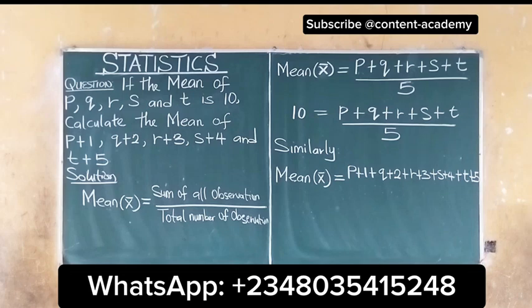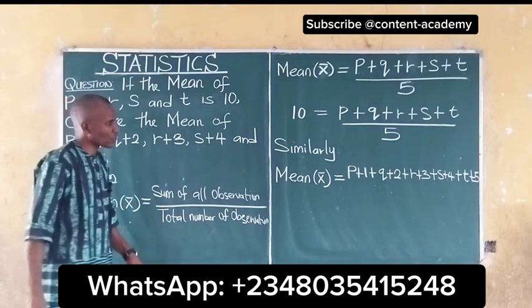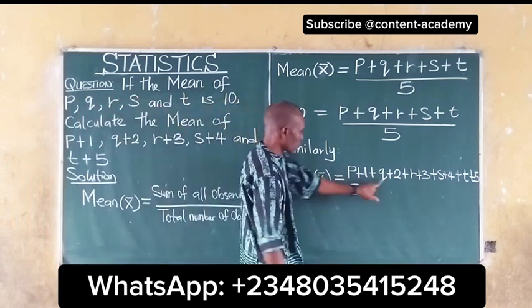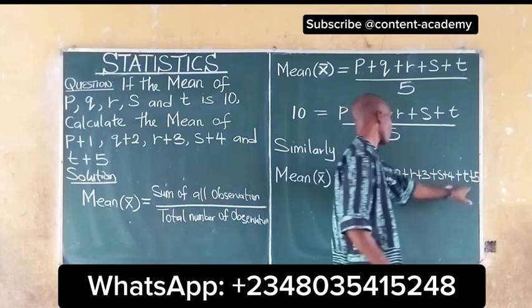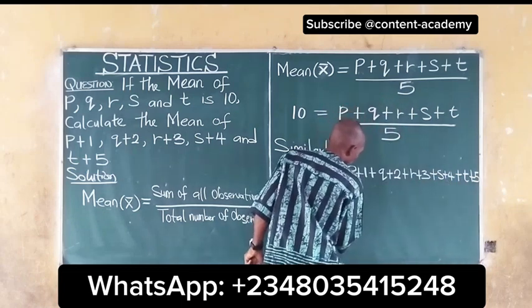We check for the total number of observations here, which is 1, 2, 3, 4, 5, so this is 5.